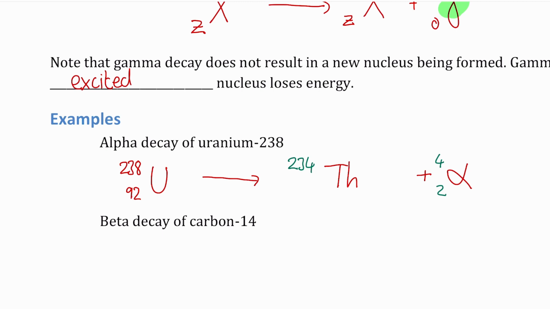Similarly, if we do the bottom row, 92 equals what plus 2? 90. And so now we're left with the atomic number and the mass number of thorium. If you didn't know what the name of the element is, you could always look at the periodic table, because you'll work out the atomic number, and the atomic number defines what the element is.